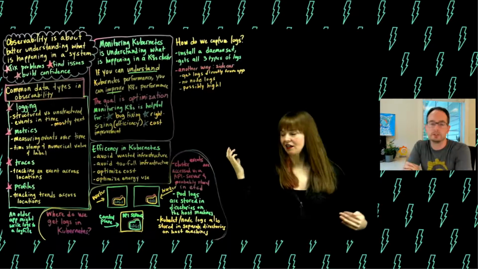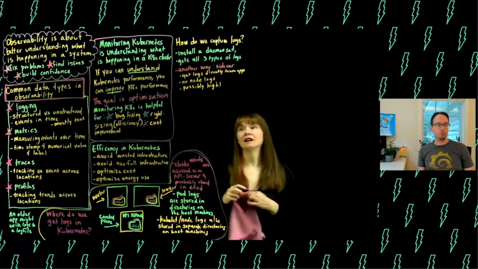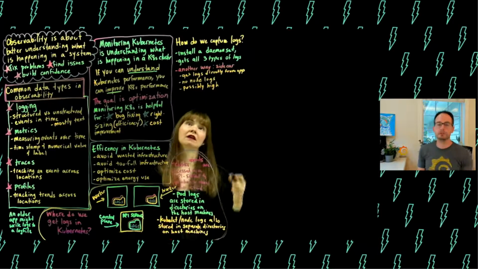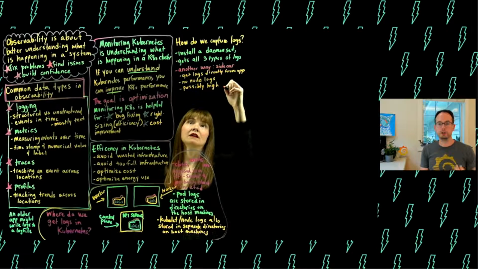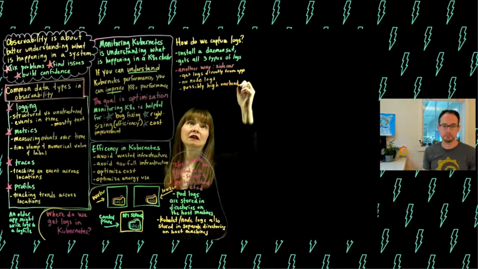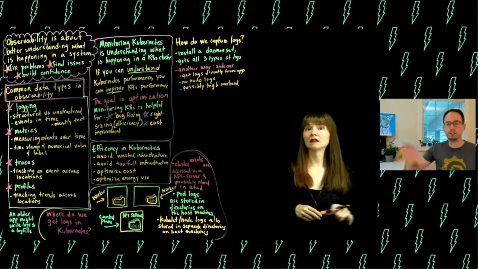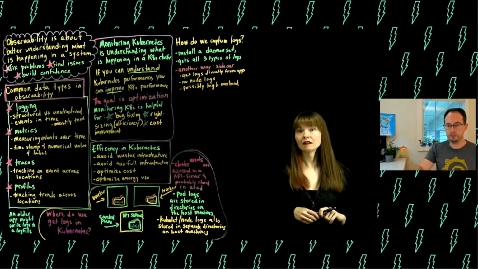That's a great question. With the daemon set approach, the team deploying the daemon set would be part of a monitoring or platform team. They would be saying, no matter what gets deployed, we're going to capture the logs for it.